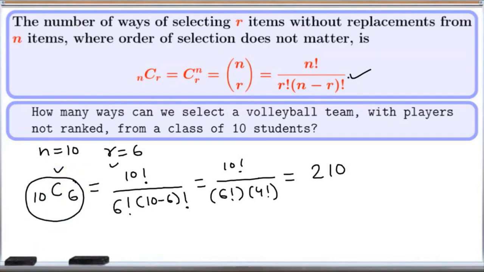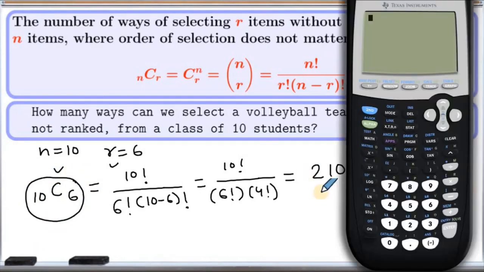So now let's type in 10, then go to math, then go to PRB, then come down to number 3, nCr. Then hit enter. Then we already have our 10 there, so all we need is 6 now. So type in 6, then hit enter. So we got 210. And remember, that's what we got using the formula also.